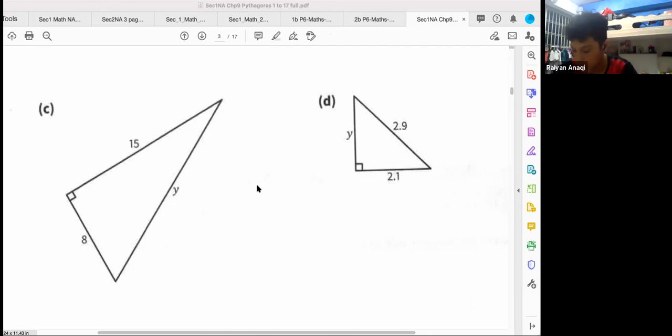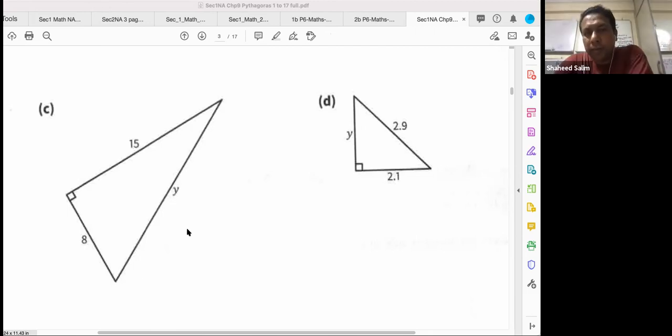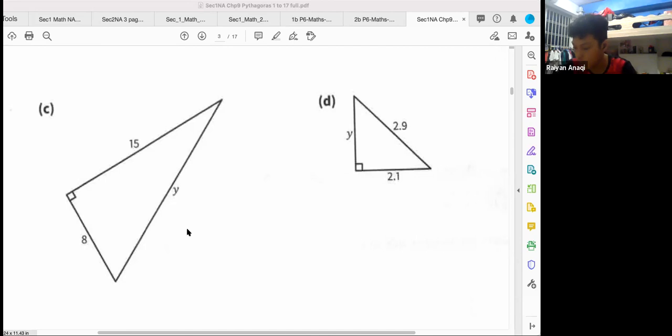The answer for C, 17. 17, well done. The answer for D, 2.